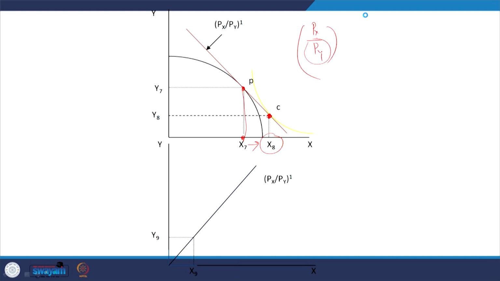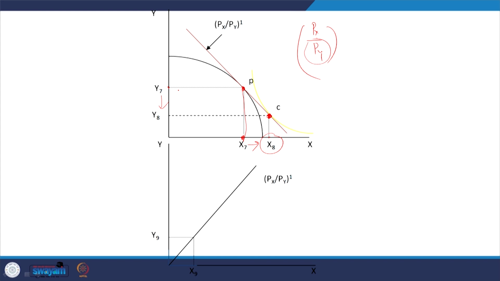If this is the scenario for country B, now country B is demanding more of X, just the reverse. If country B is demanding more of X and less of Y, then country B will be exporting it. Now, when country B is demanding more of X, the relative price of X actually increases, and therefore the terms of trade actually decline.